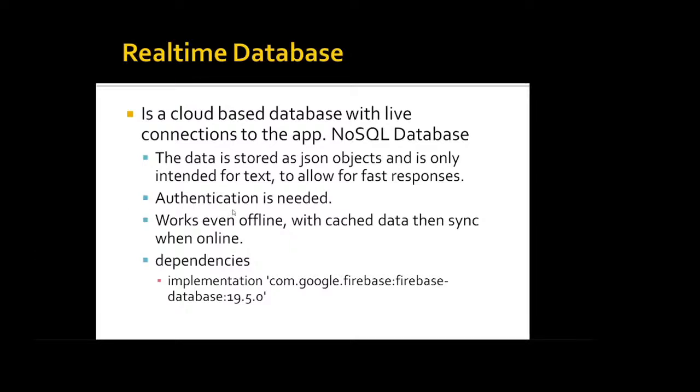The real-time Firebase database works even when offline with cached data, then syncs when online. As for the dependencies, the implementation dependency is this particular version, which may be updated anytime soon.